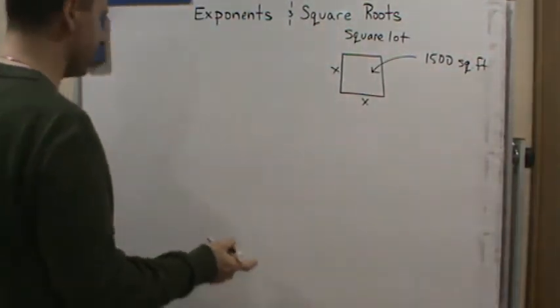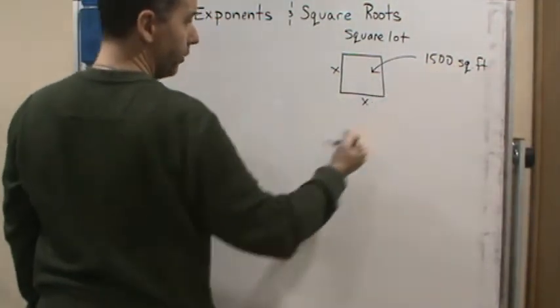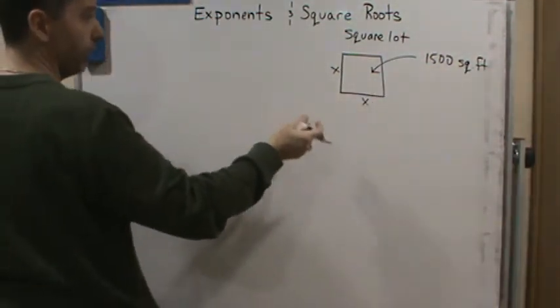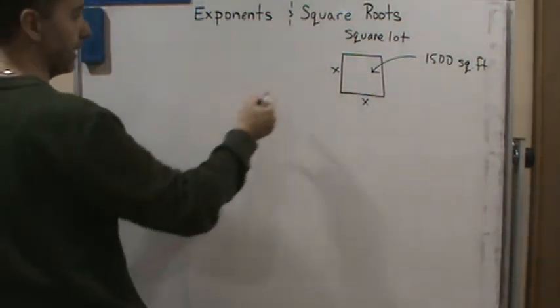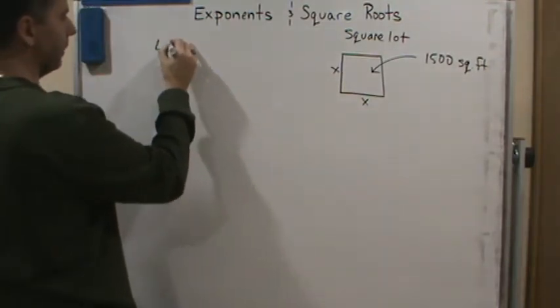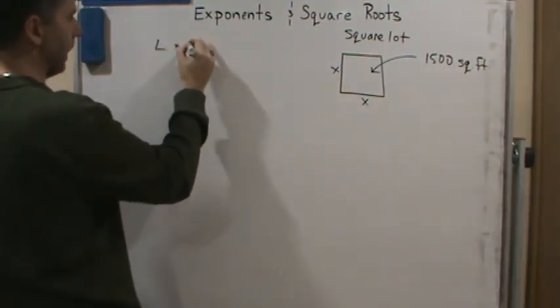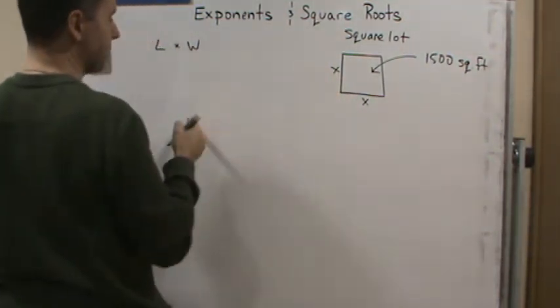So think about it. Let's set this up. We know area is a square unit. What's the area of a rectangle? It's length times width, right? But with a square, the length and the width are the same.